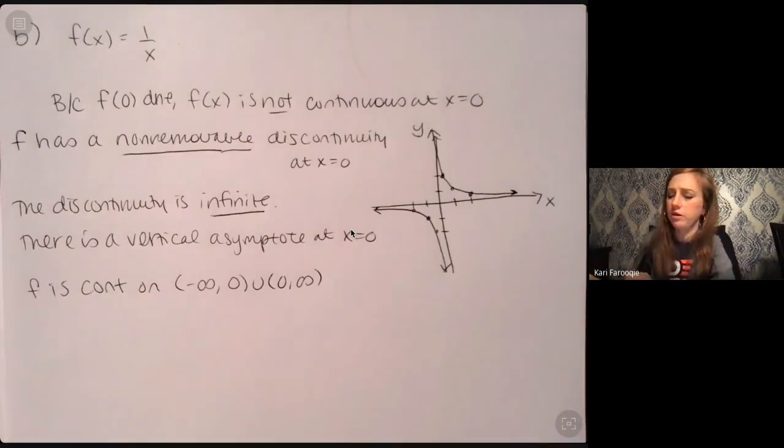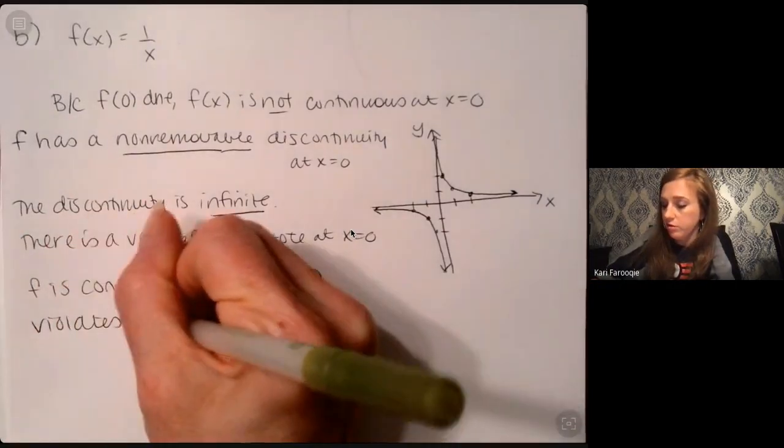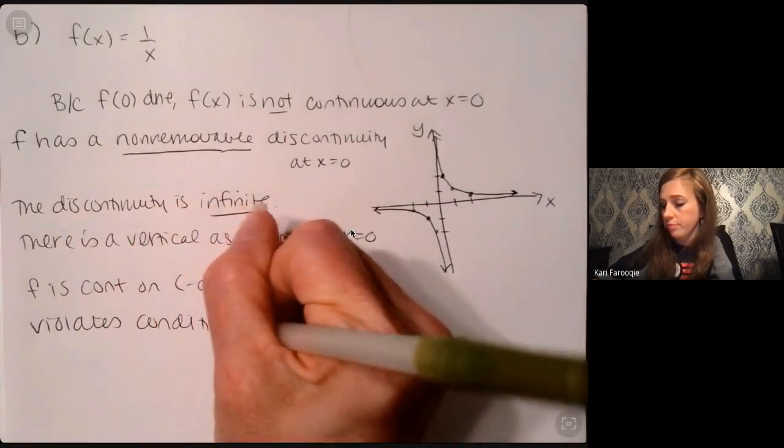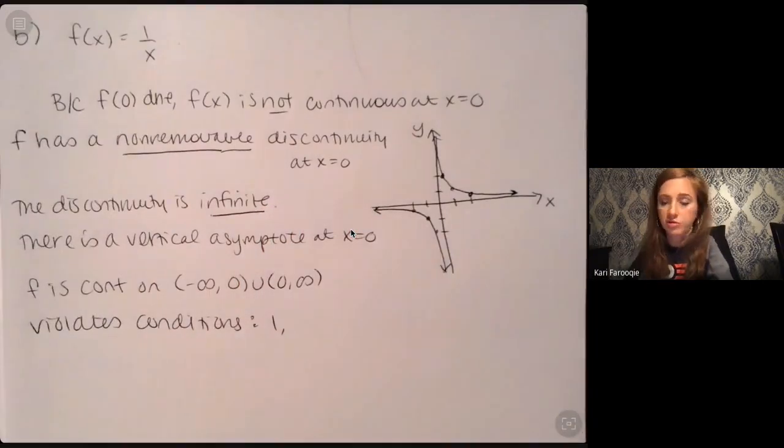And this one violates these conditions of continuity also. Condition 1 is that f of c has to be defined. It's not. So it violates condition 1, because f of c does not exist.